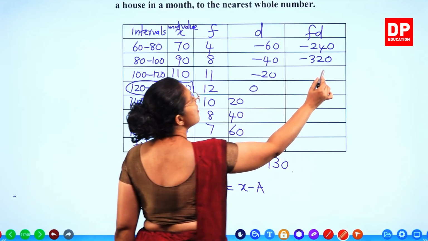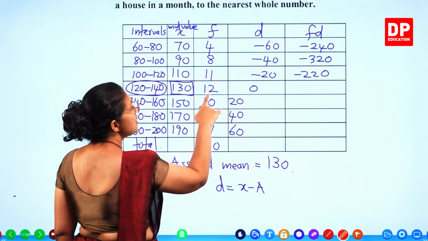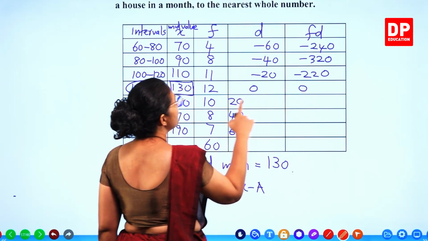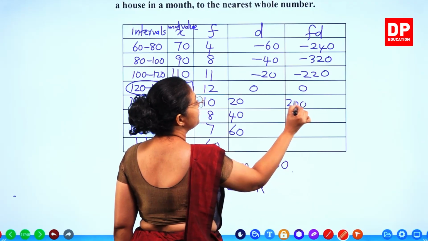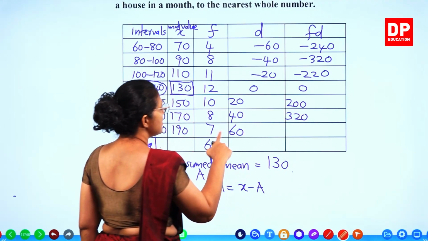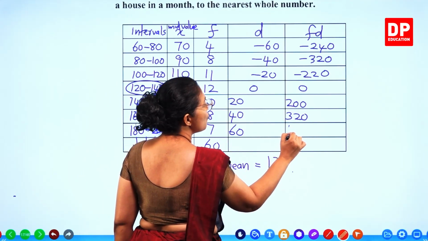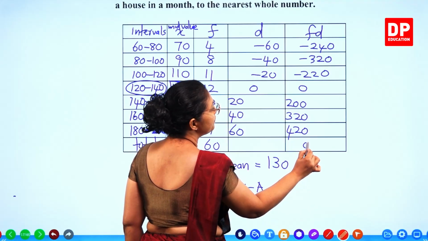This one, minus 220. 12 times 0, 0. Now positive values. 10 times 20, 200. 8 times 40, 320. 7 times 60, 420. Now add positive values here.